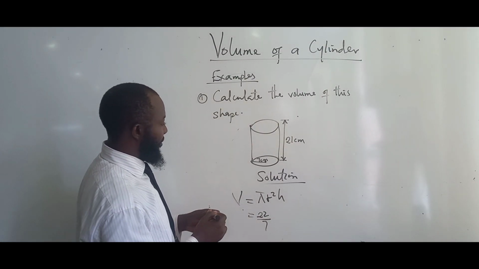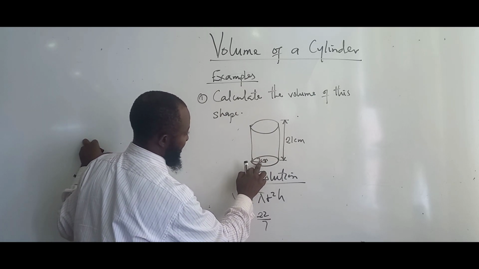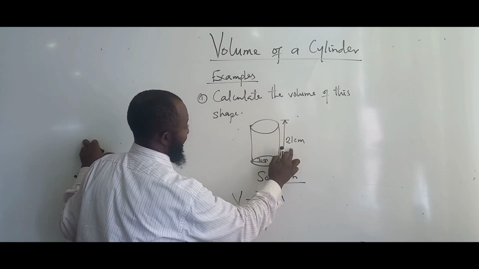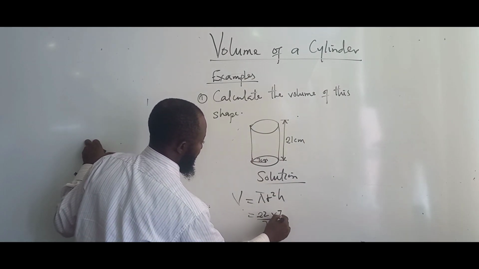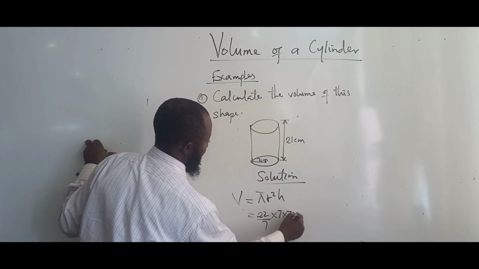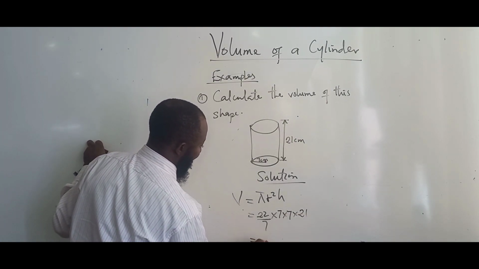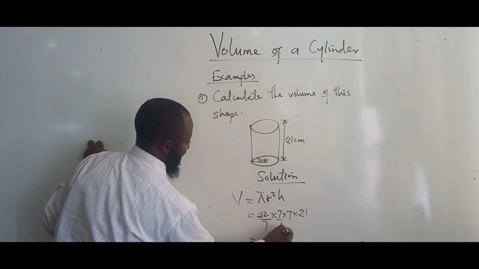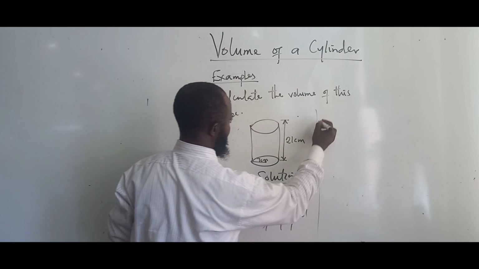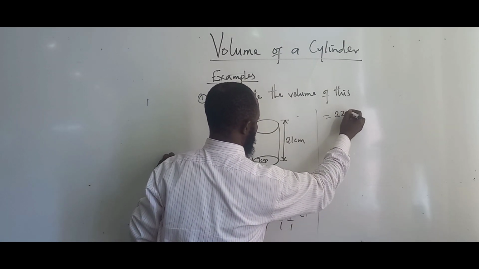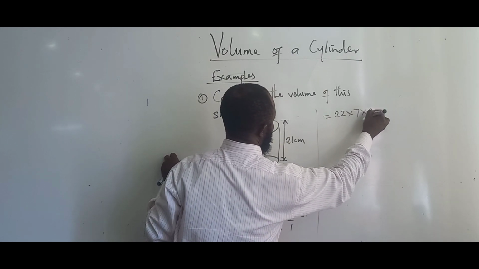Now, looking at the diagram here, the radius is 7 centimeters, while the height of the cylinder is 21 centimeters. That means 22 over 7 multiplied by 7 multiplied by 7 multiplied by the height, which is 21. So we can cancel this 7, and we have 22 multiplied by 7 multiplied by 21.